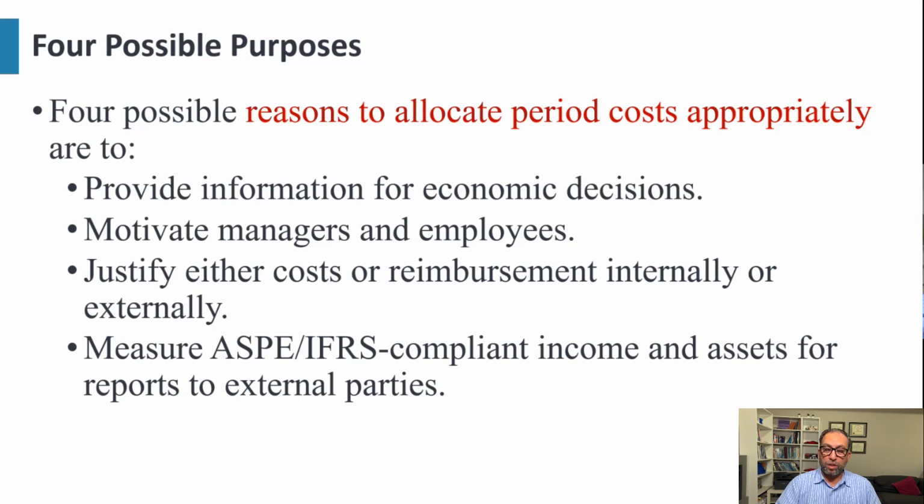If we do not allocate these costs appropriately to each product or production department, the cost of some products will be overstated and the cost of others understated. And when we make decisions to price those products, we can make an error, and because of this error, the institution is going to suffer.